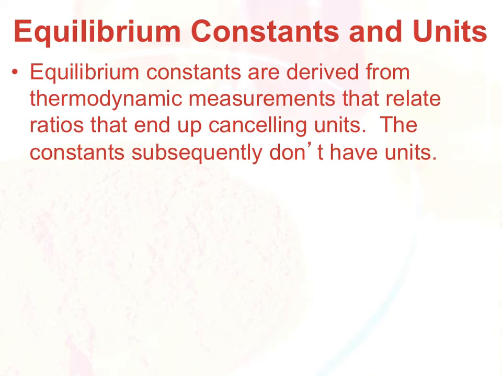So it's not abnormal for you to see equilibrium constants without any units. The way they're analyzed and measured causes this to be the case. We'll look at the thermodynamic quantities a little bit later in the semester, but for right now, just understand that there is a reason why there aren't any units there.